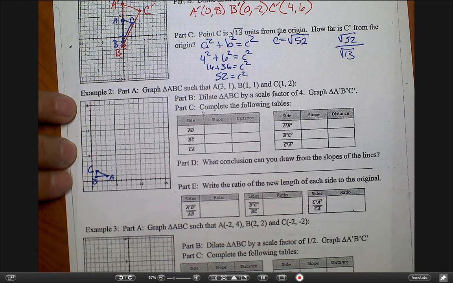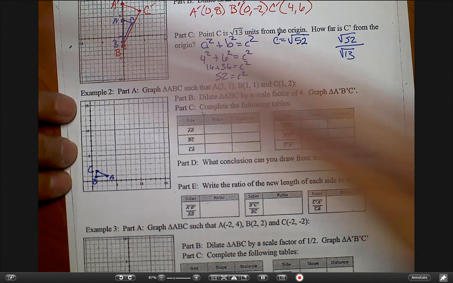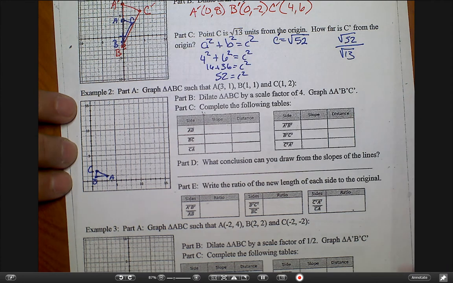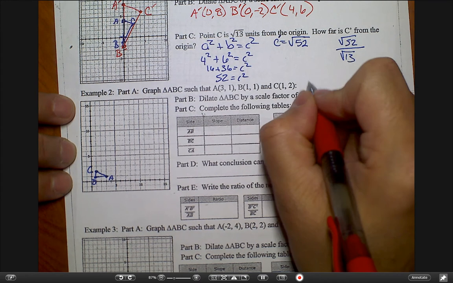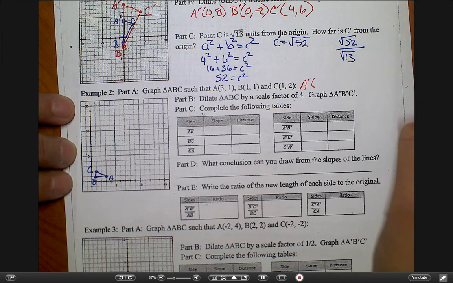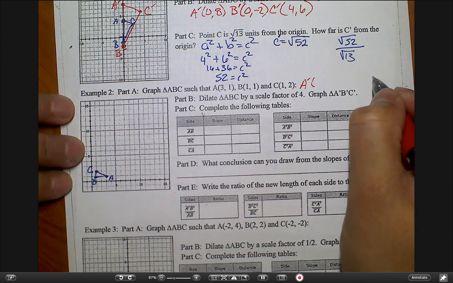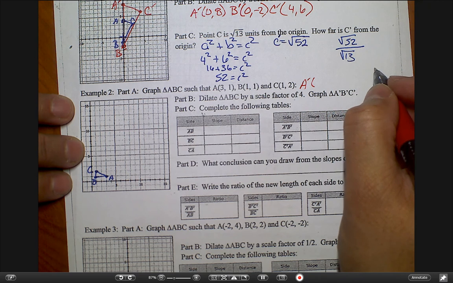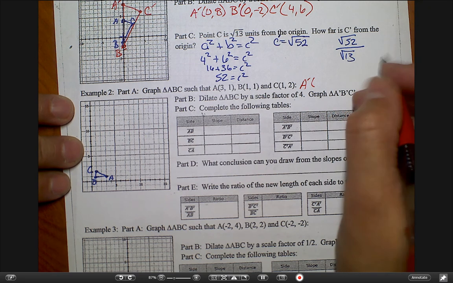What am I going to do with that now? Multiply everything by 4. So if I'm going to multiply everything by 4, A prime will be multiplying A by 4. So what would A prime be? 12.